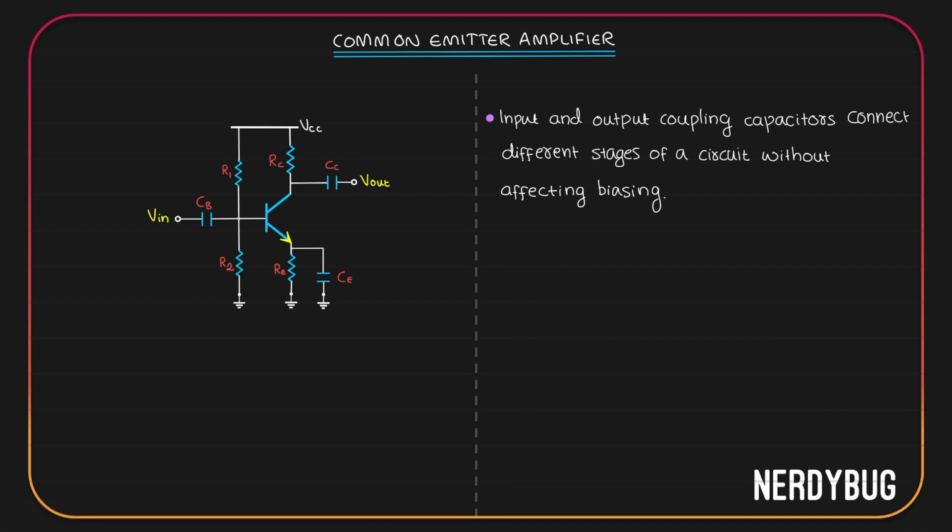I have carefully designed everything so that my biasing values are fixed. I only want the AC signal to be applied at the base. Nothing DC should come in. What do we do? We put a capacitor there. So even if V input has a DC value and some AC signal, only the AC signal will go to my base.